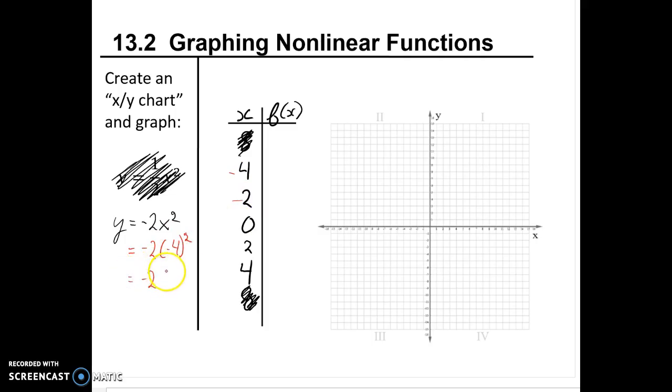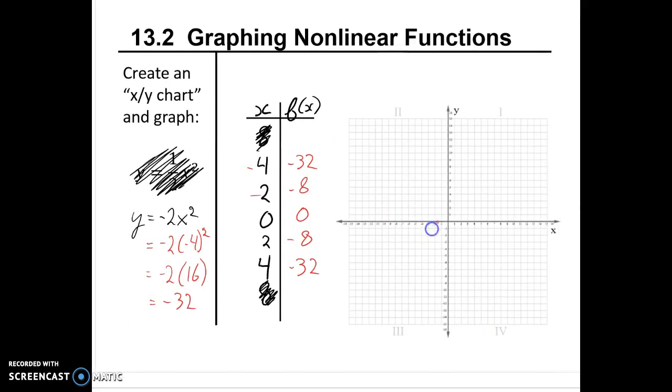It's going to be -2 times 16, -32. Down here it's going to be the same thing, -32. -2 times 4 is going to be -8, -8, 0. So let's have a look at this one now. Start off at 0 and 0, -2, -8, -8. -4 is going to be way down here, something like that.